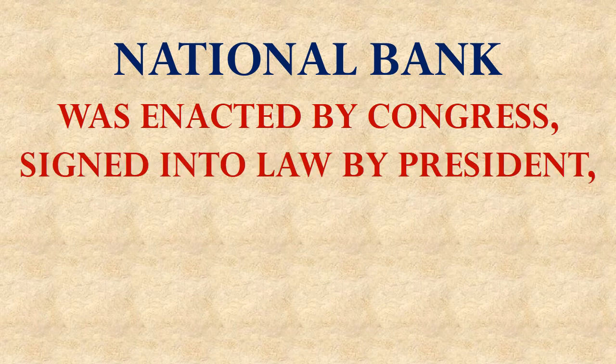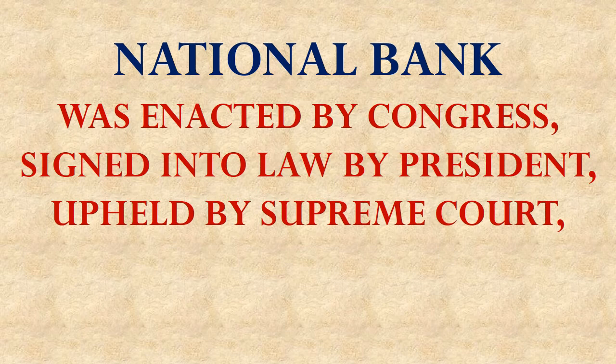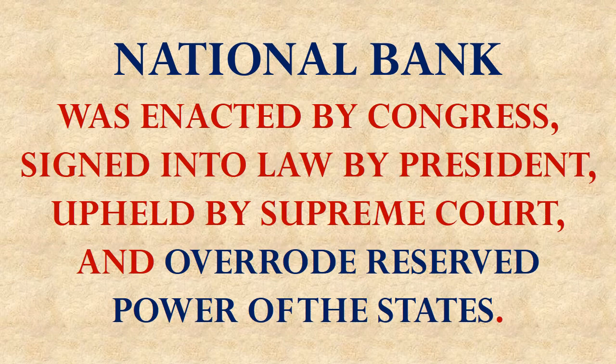It was then signed into law by the president, and it was upheld by the United States Supreme Court. So we have all three branches of government, in a sense, cooperating together here to say a bank is okay. And the result is that this bank's powers overrode the reserved powers of the state of Maryland to regulate banks and tax banks within its boundaries.